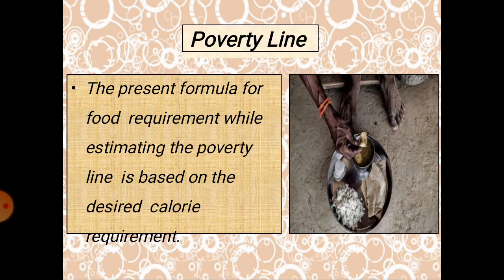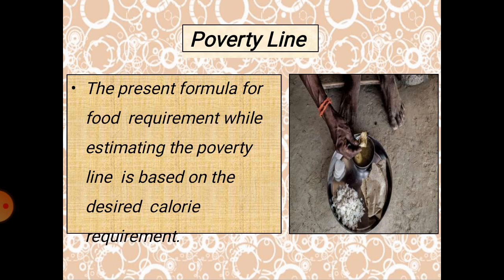Now, at present, the formula for the food requirement while estimating the poverty line is based on the desired calories required. Previously it was only based on income. Now they are adding one more thing, that is calories. Different foods have different calories. If you take banana, it has 500 calories.